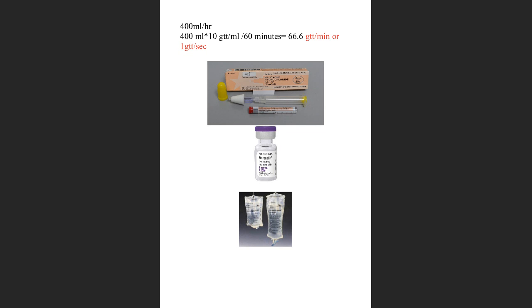So it's 400 mils times 10 drops per mil divided by 60 minutes. And that would give you 66.6, which we would round off to 67. You can't give 0.6 drops, so 67 drops. And to find out how many drops per second, just divide that by 60, which would give you 1 drop per second when you round it off.